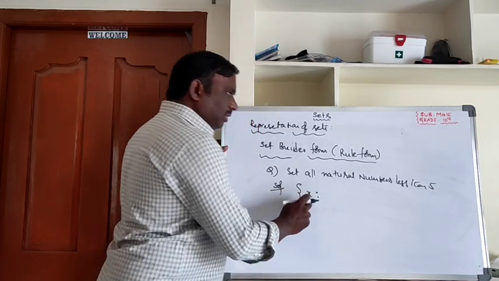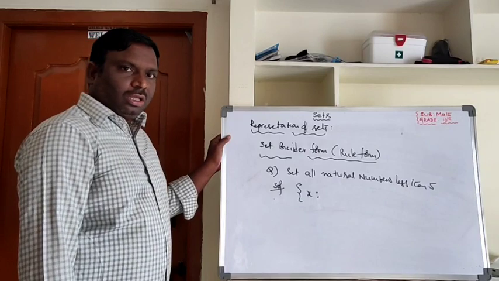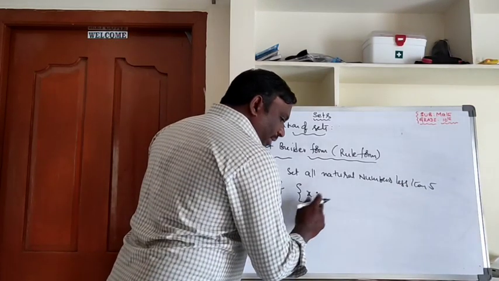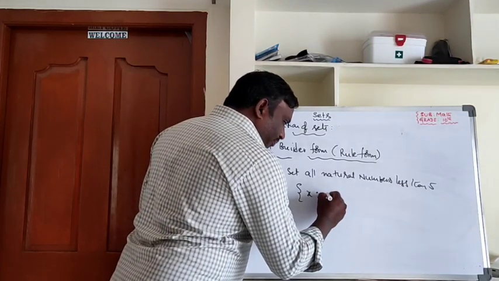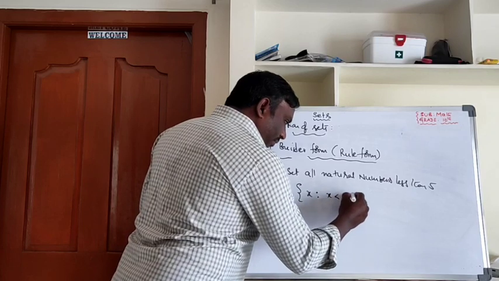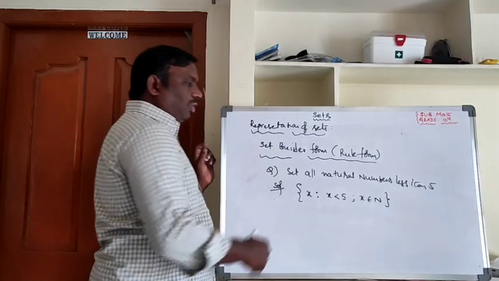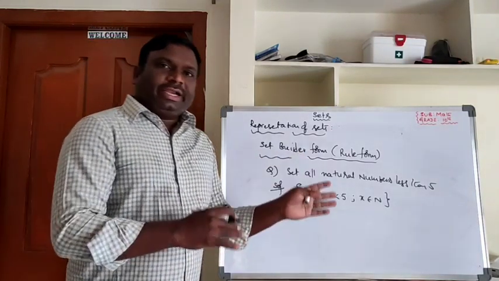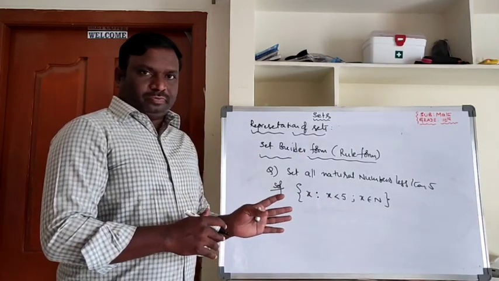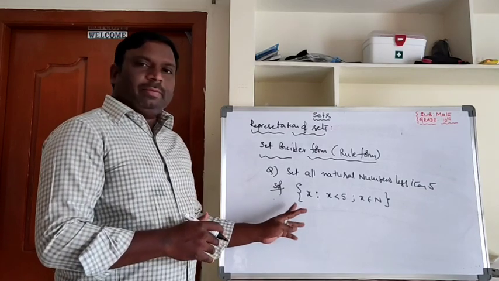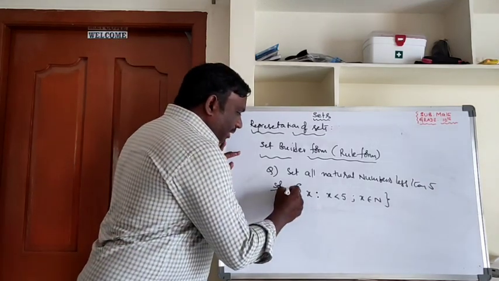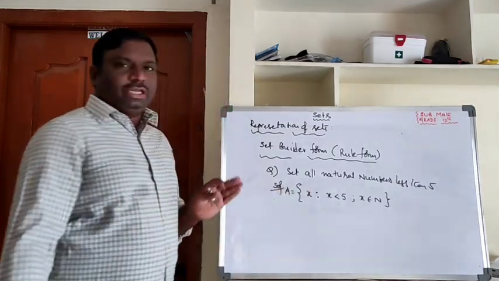What is x? All natural numbers. This x should be less than 5 and x belongs to natural numbers. This is the particular rule. We are not writing the elements as a list form.